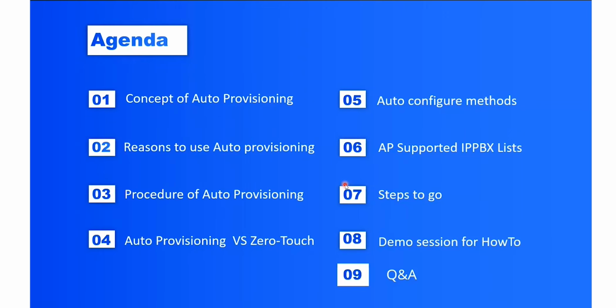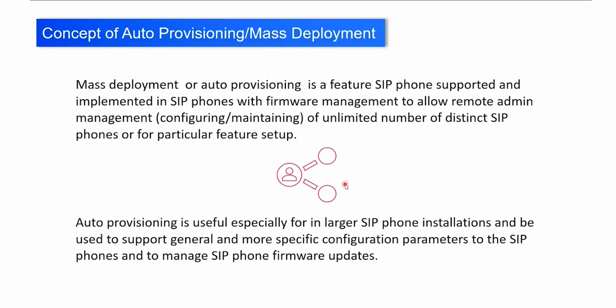So let's start on our first topic, the concept of auto provisioning or mass deployment. Mass deployment or auto provisioning is a feature supported and implemented in SIP phones for firmware management, configuration, or maintaining particular features.